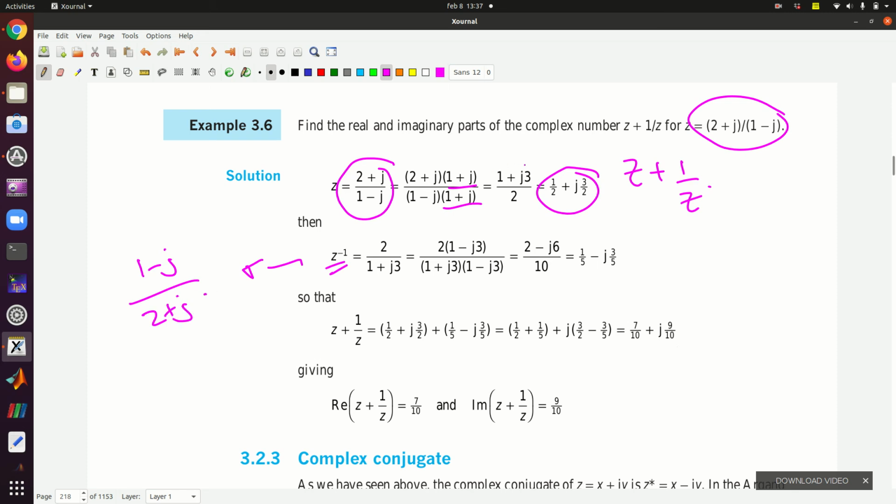However, since this has already been simplified to this here, you can as well start from here, but z inverse is simply going to be 2 over 1 plus j3. Then again, multiply both numerator and denominator by the complex conjugate. You can as well do it from here. You should be able to get the same result.